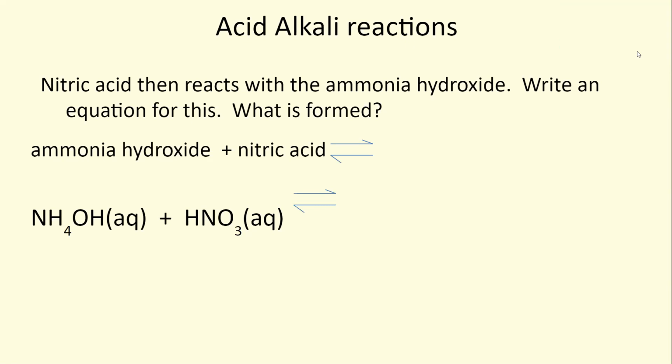Now, some of you may not have met ammonia before. Ammonia sometimes behaves like a metal. It forms a positive ion. It's one of the unusual covalently bonded things that can form a positive ion. So a little bit unusual, and we will be meeting ammonia and ammonium a bit more.